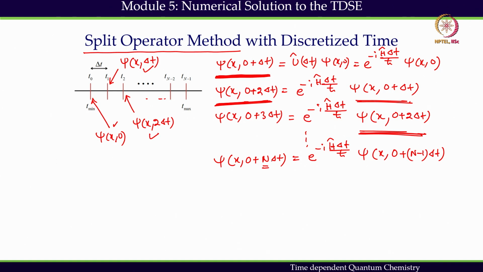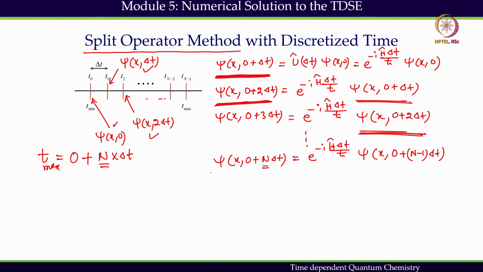So, the total time, t max, that is the maximum time I am going to, is nothing but the initial time plus n multiplied by delta t. So, n times we are doing.